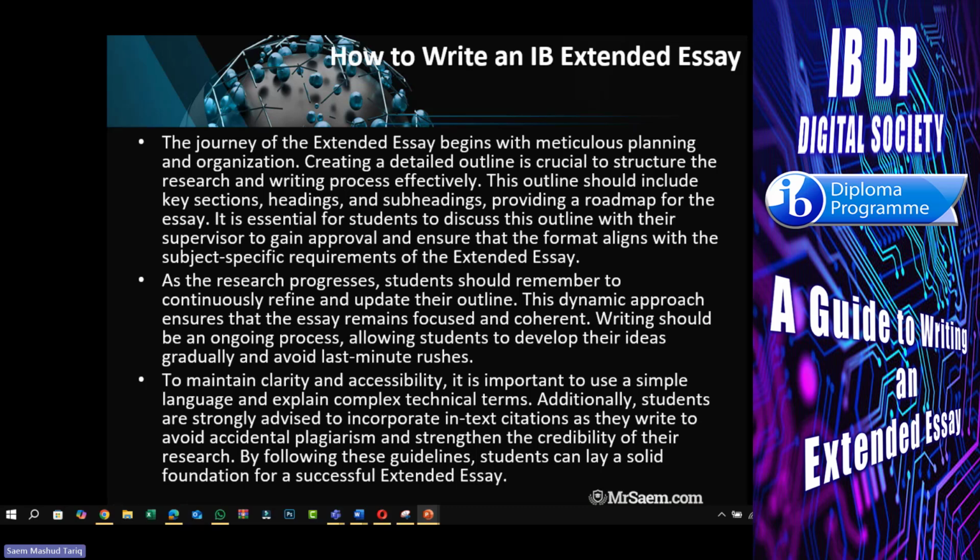So the journal section says we're planning on creating a detailed outline. What we're talking about over here is the outline should include key sections, headings, subheadings. So आप जो भी ये document कर रहे हो, obviously it should be properly documented. It's very important that it should be done like that.